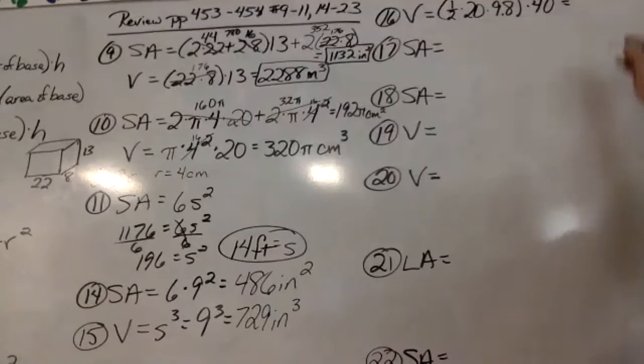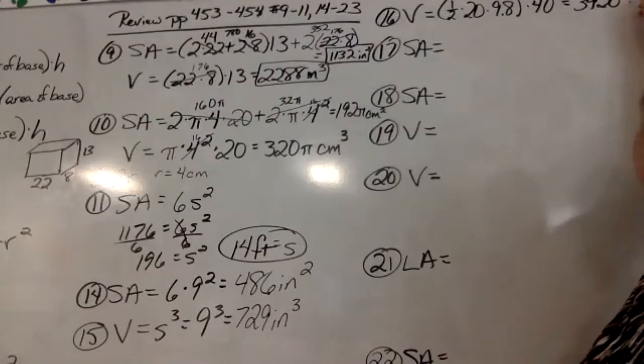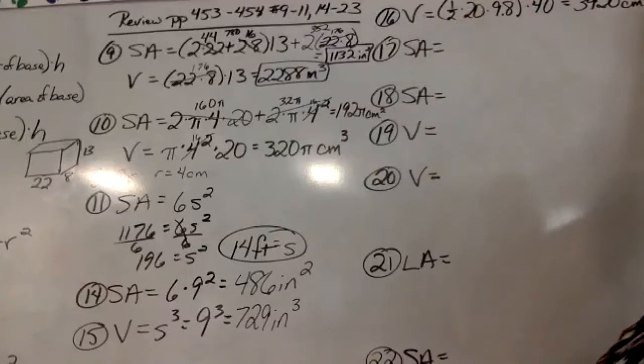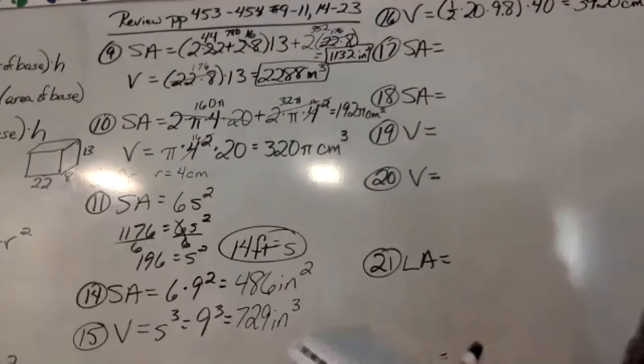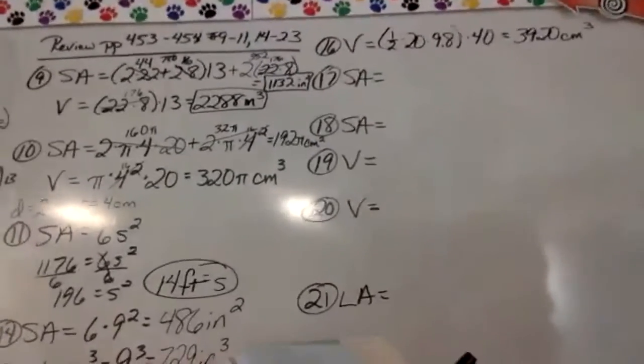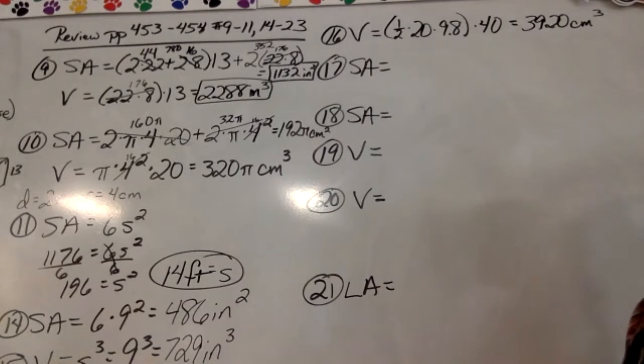I got 3,920. 3,920, and on this one there's centimeters, and it was volume, so it's centimeters cubed.